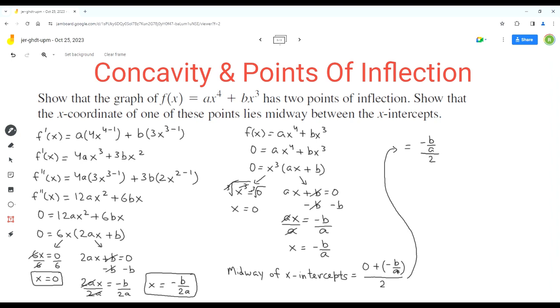Now we can simplify this expression by changing it into a division statement. And now we can change it into a multiplication statement by flipping 2 into 1 over 2. And now we can multiply these fractions.